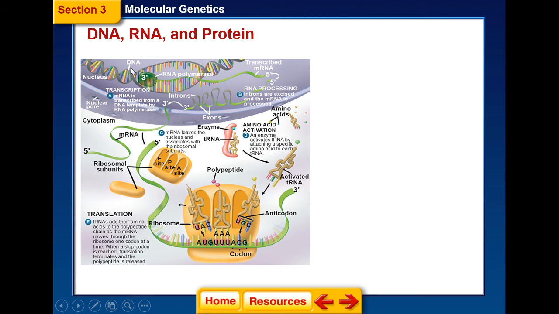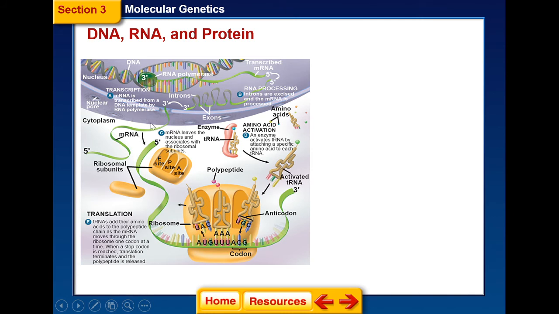Now, DNA, it's double-stranded, so it's typically too large to go out of the nucleus. However, RNA, single-stranded, think of it as being smaller in a sense, it can then leave the nucleus.